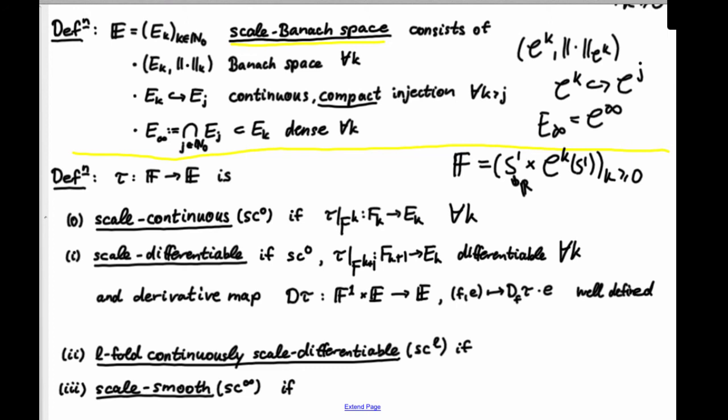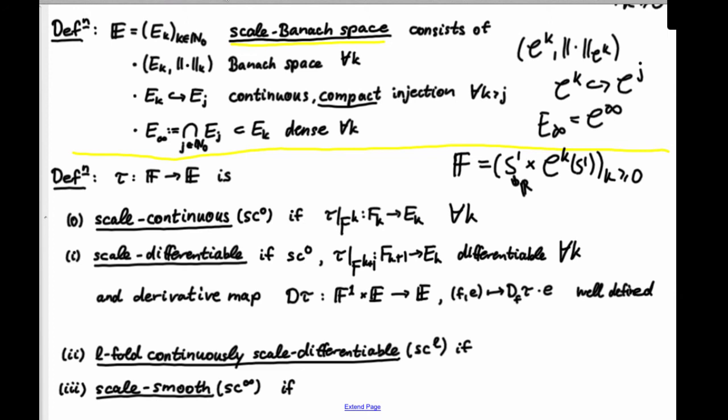So this is saying that the derivative map actually makes sense as a map from a shifted product here, F1 times E, what is it? Goodness, hold on.